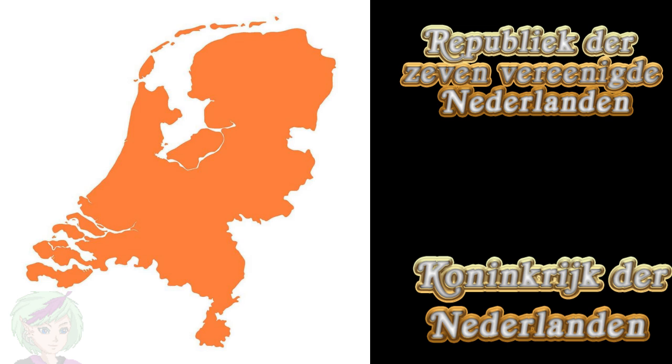Well, that is actually easy. Neder means low in ancient Dutch. So basically, de Republiek der Zeven Verenigde Nederlanden would actually translate to the Republic of the Seven Lowlands.